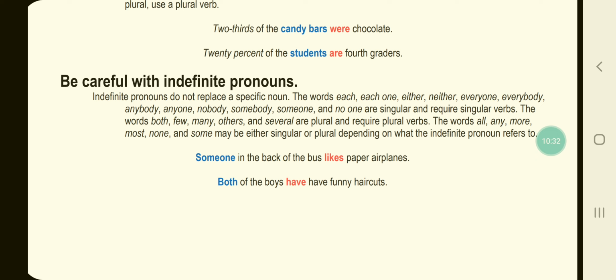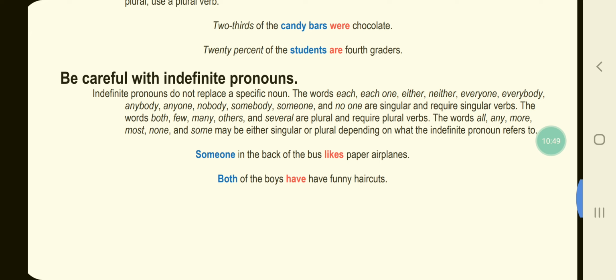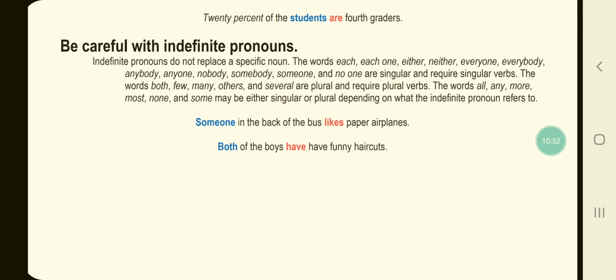The words both, few, many, others and several are plural and thus require plural verbs. The words all, any, more, most, none and some may be either singular or plural depending on what the indefinite pronoun refers to. Example, someone in the back of the bus likes paper airplanes.